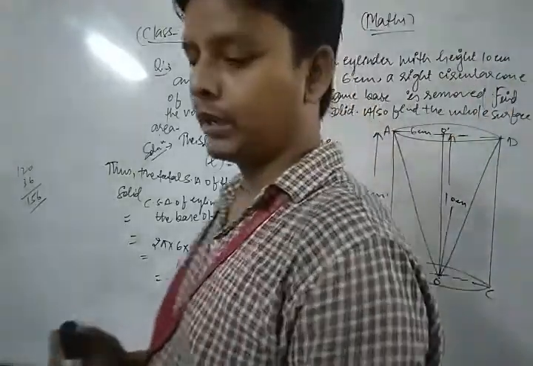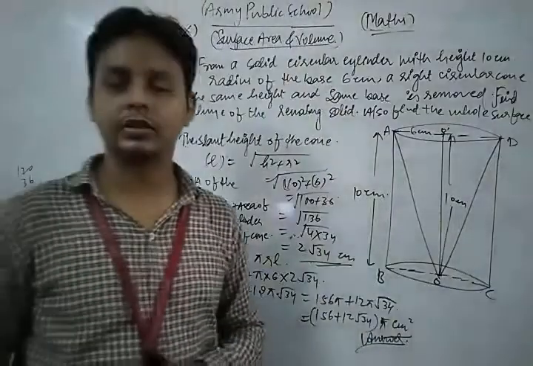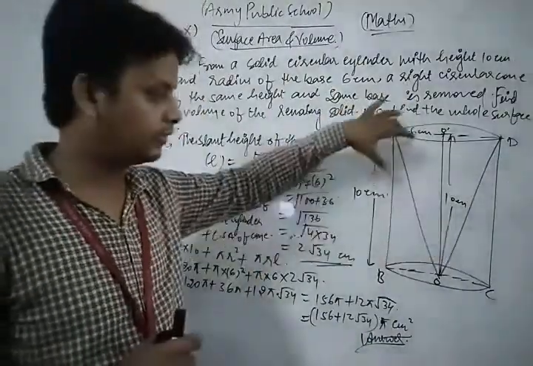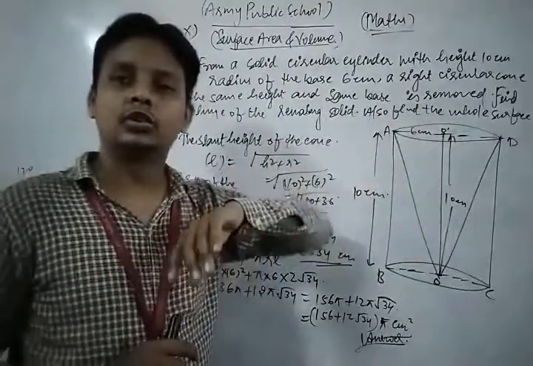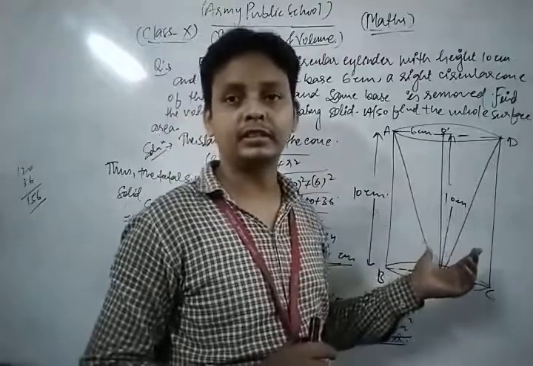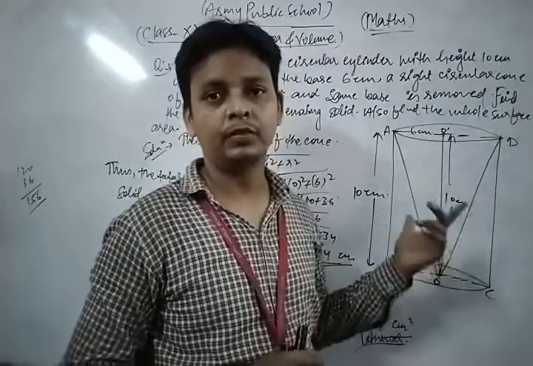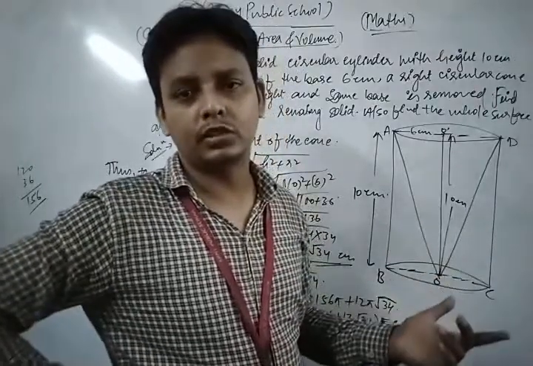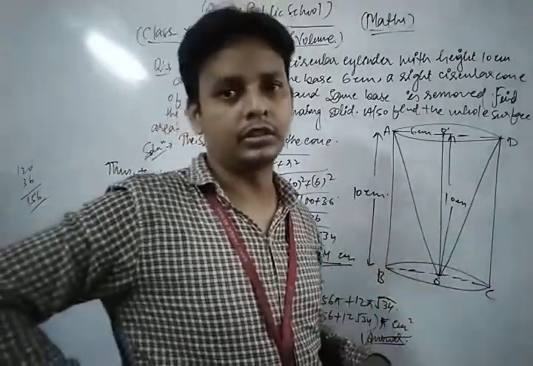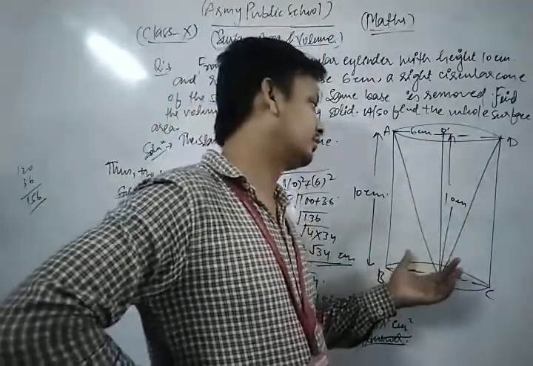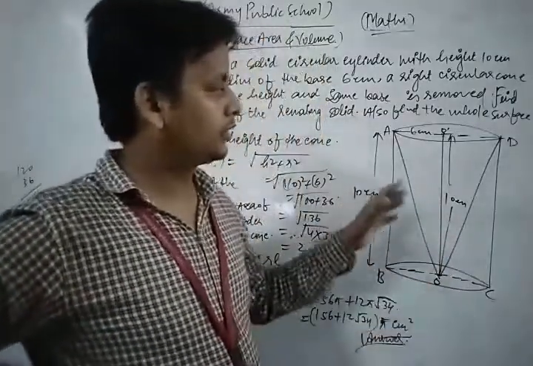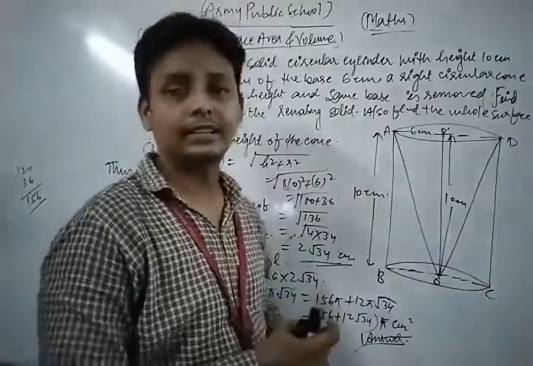Let's see once more. What is this question? Here a right circular cylinder has this height and this radius, and a cone of the same base and the same height is removed from this cylinder. In this way we find the volume of the remaining solid as well as the whole surface area of the remaining solid. For finding the volume, first we find the volume of the right circular cylinder, pi r square h.